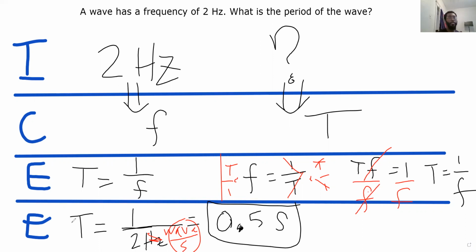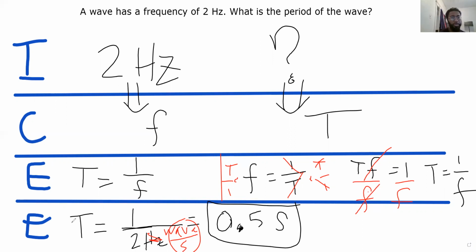So if 2 waves are produced in 1 second, then it takes half a second to produce 1 wave. So you just divide the 1 second that you have by how many waves you get per second. Hopefully that makes a bit more sense.